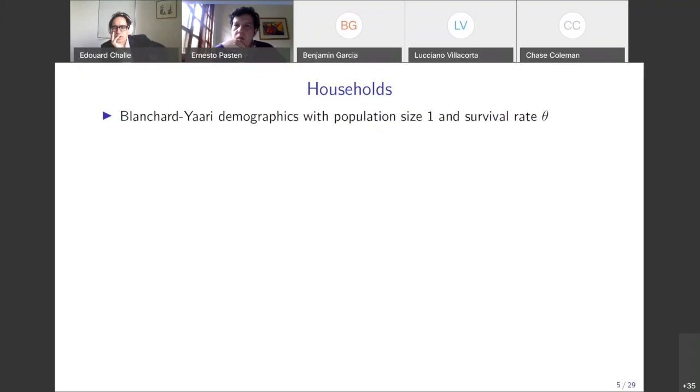So there will be some stylized, very simple fiscal policy in the model.